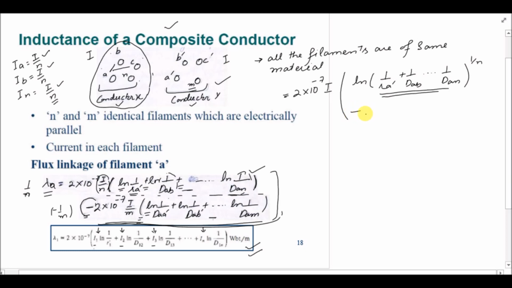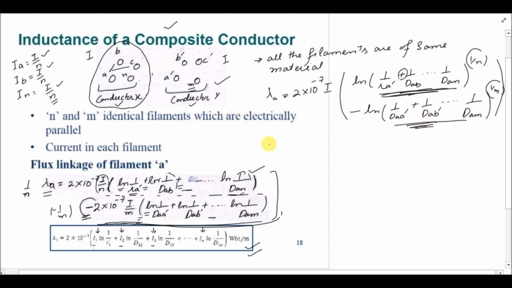Similarly, the second part will be minus, this minus sign, ln into 1 over daa dash plus 1 over dab dash up to 1 over dam, and the power is 1 by m, right? And now this power can be converted into a root of this value. Similarly, this 1 by m will be the mth root, and this will be the nth root of these values respectively.